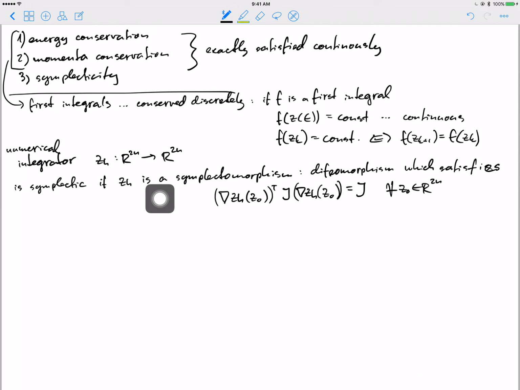I will illustrate this graphically in just a little bit, and that will hopefully clarify what is for now kind of abstract stuff.